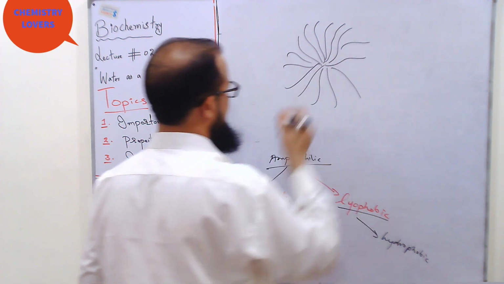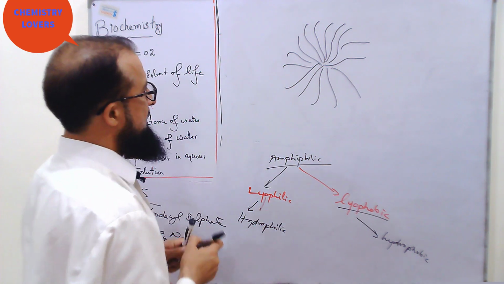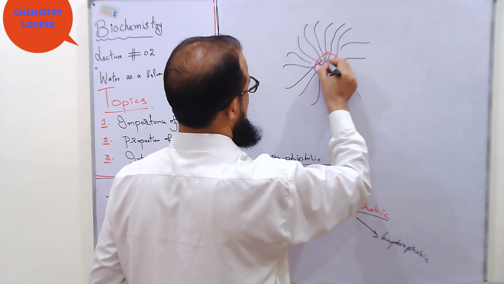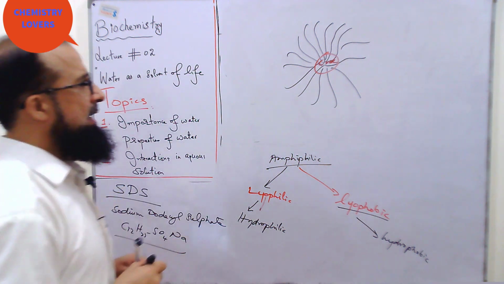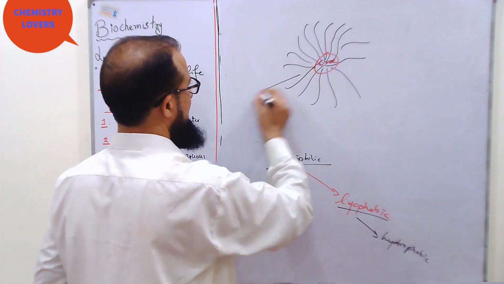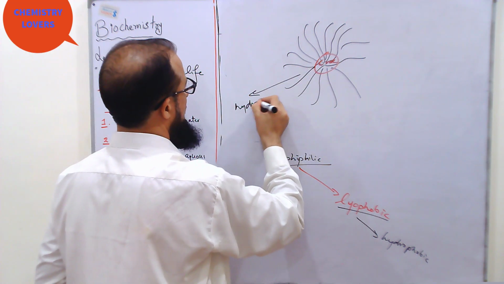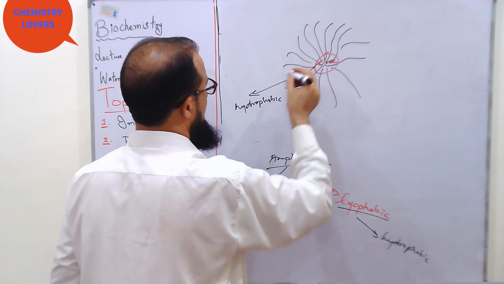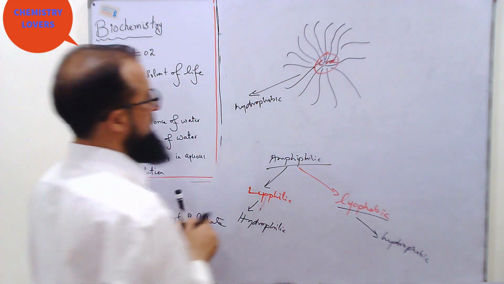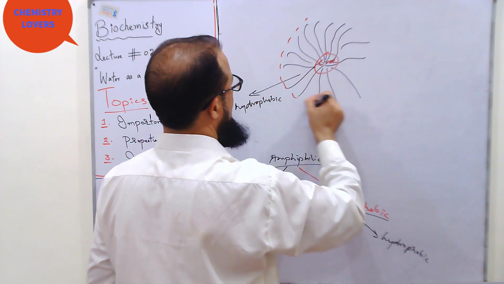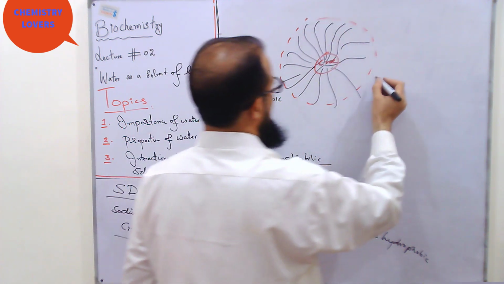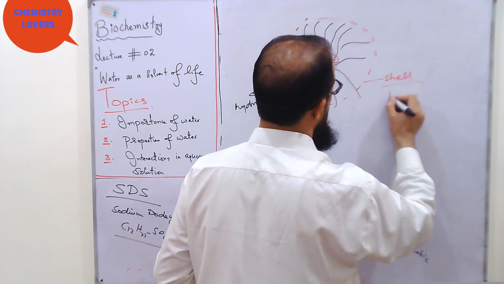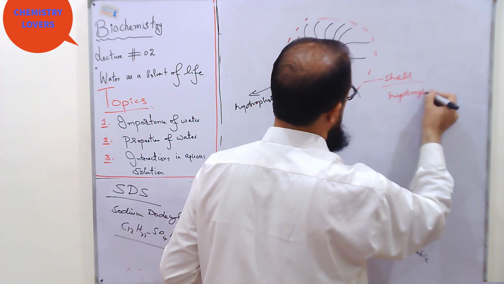The micelle consists of two parts. One is the core of the micelle, and that core is hydrophobic. The remaining part is hydrophilic. This is the shell, which is hydrophilic.